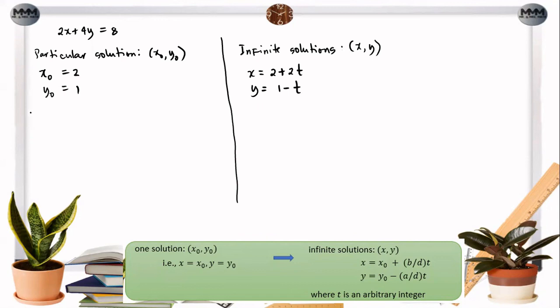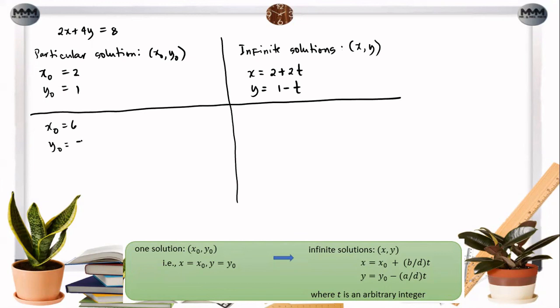And then for our second solution, we have a particular solution, x sub 0 equals 6, y sub 0 equals negative 1. And we came up to our infinite solutions, x equals 6 plus 2t, and then y equals negative 1 minus t.